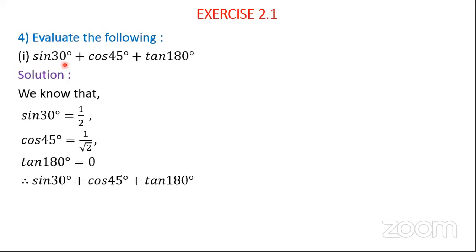Using these values, we can find the value of the expression sine 30 degree plus cos 45 degree plus tan 180 degree, that is 1/2 plus 1 upon root 2 plus 0. By solving this, we will get 1 plus root 2 upon 2.